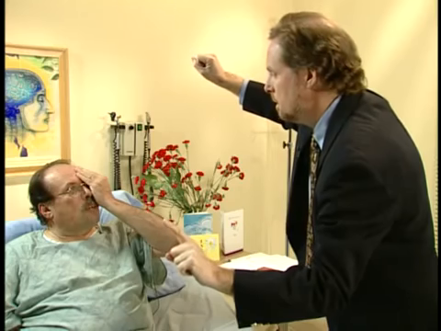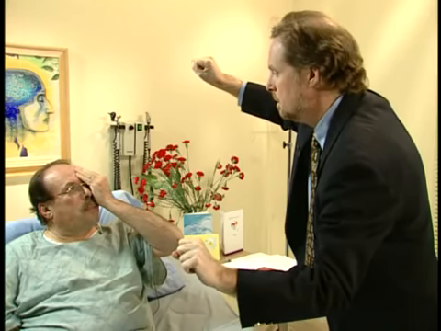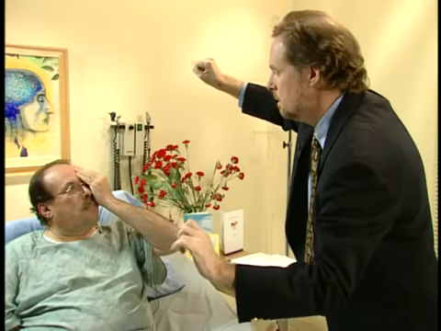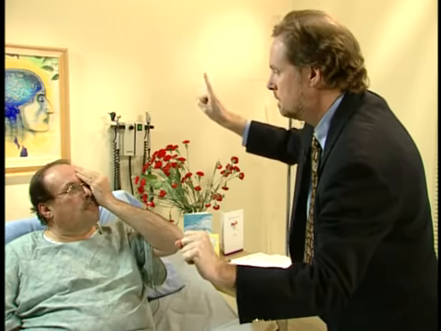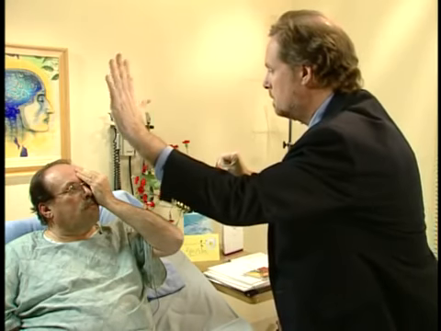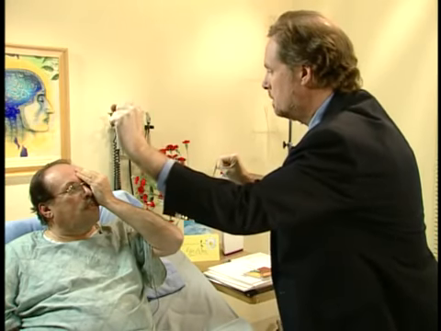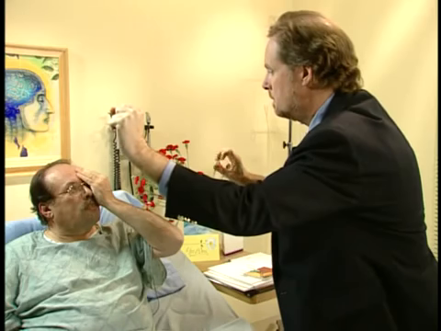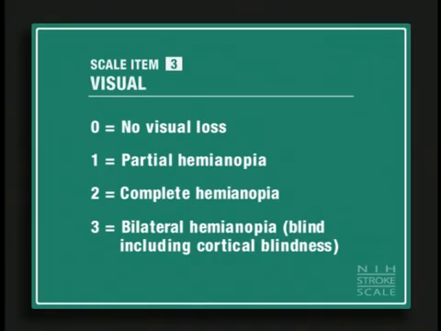All right, now I want you to switch eyes, and we'll try the same thing again. 1. 5. Good. 5. Good. Score a 3 for blindness of any cause, including cortical blindness, which requires a positive diagnosis, and double simultaneous stimulation testing.